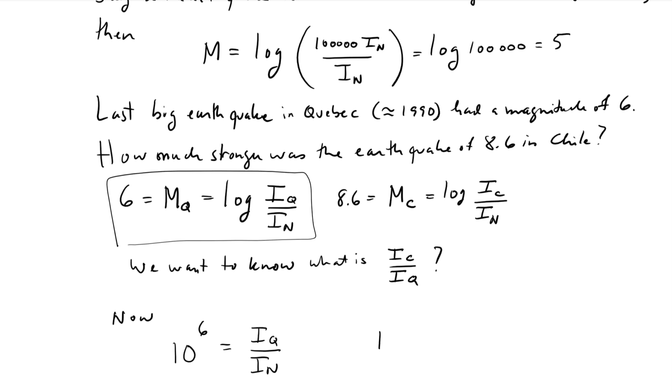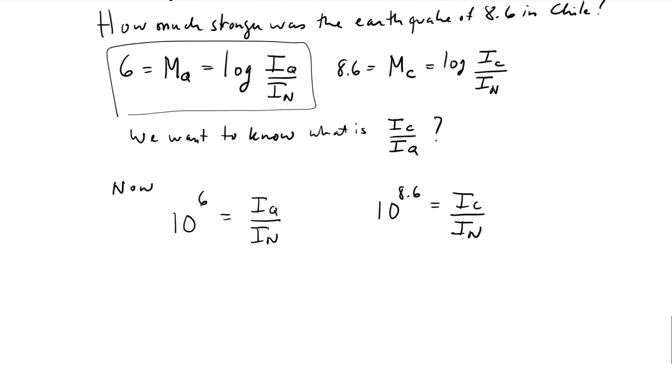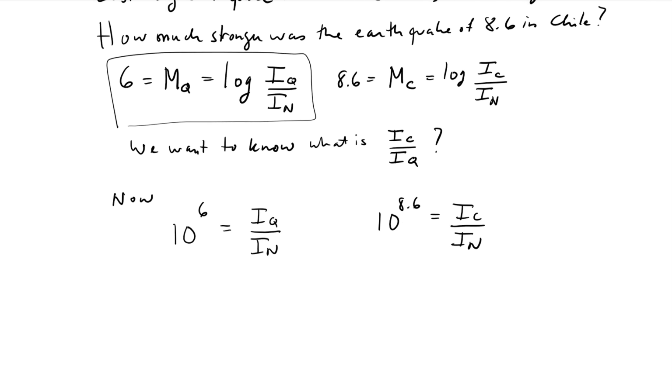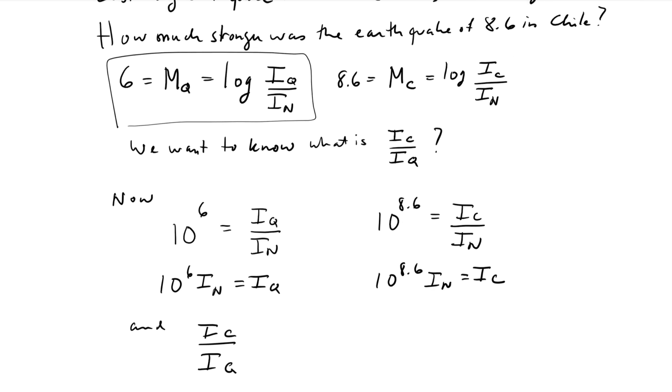Similarly, 8.6 is the exponent to which I raise 10 in order to get IC over IN. So that means 10 to the 6 times IN is IQ, and 10 to the 8.6 times IN is IC.